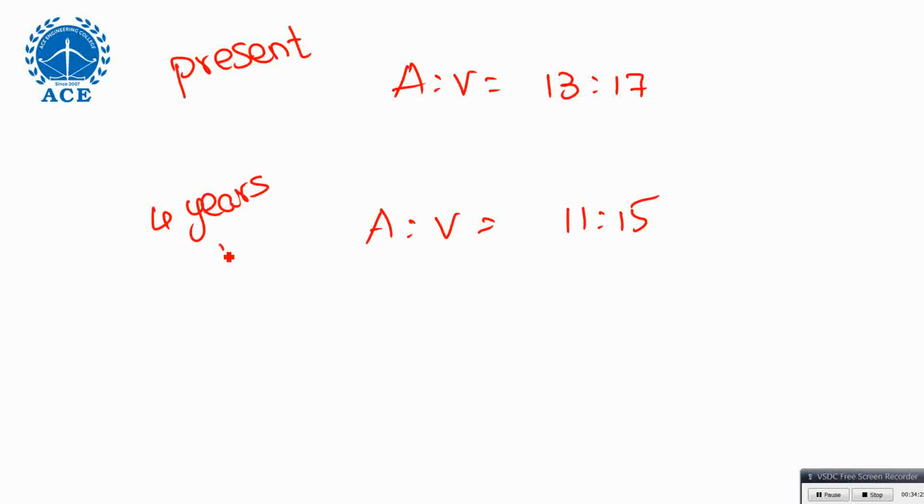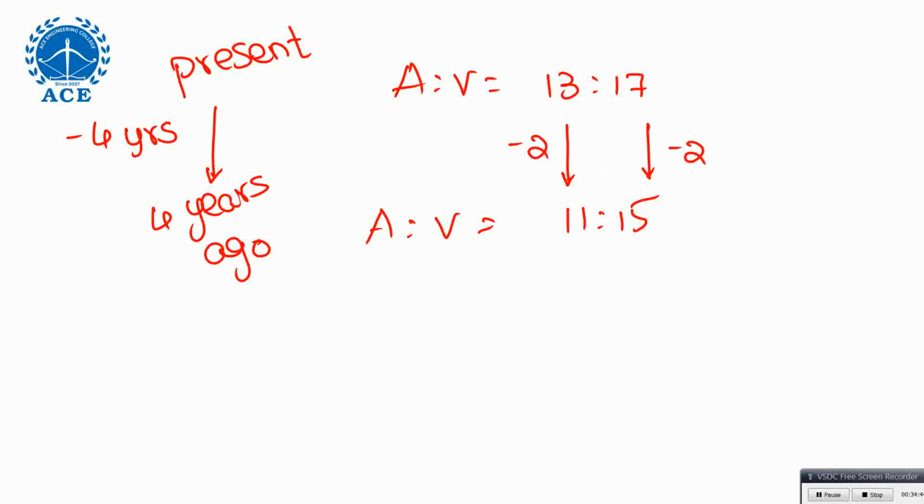You just understand. See, 4 years ago means everybody's age is decreased by 4 years. Arun's age should decrease by 4 years, Varun's age also should decrease by 4 years. In ratio, how much decreased? 2 only decreased. Right?